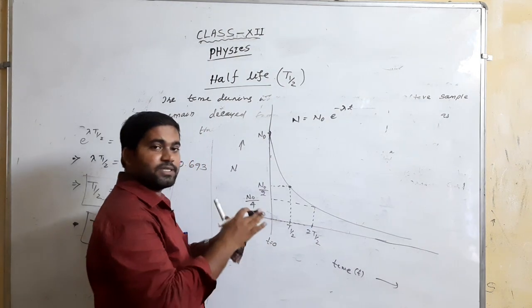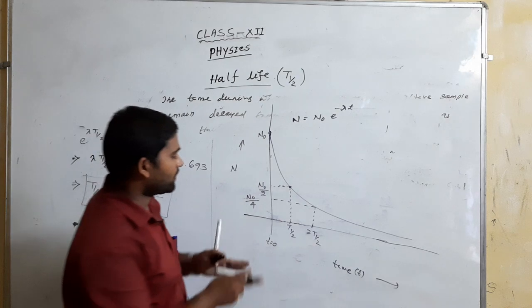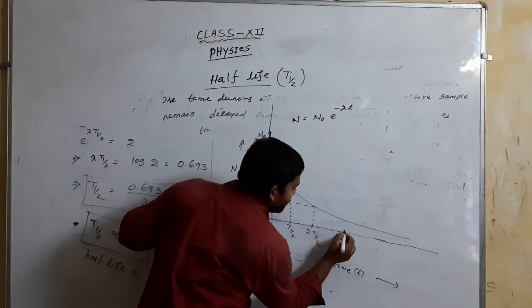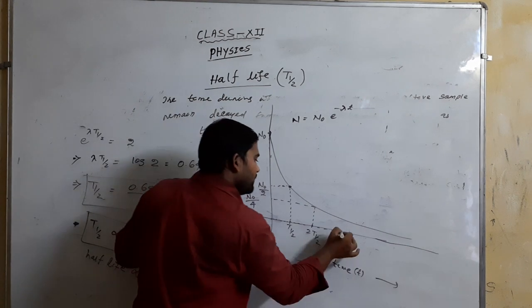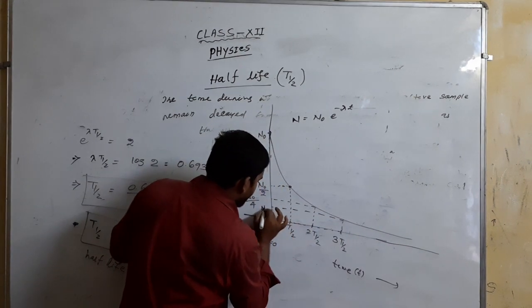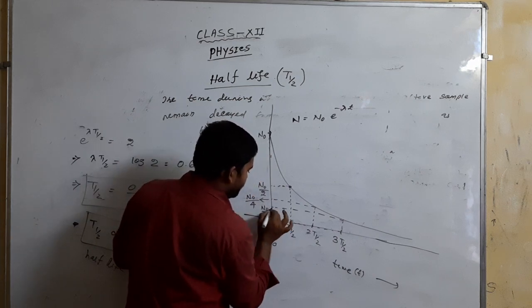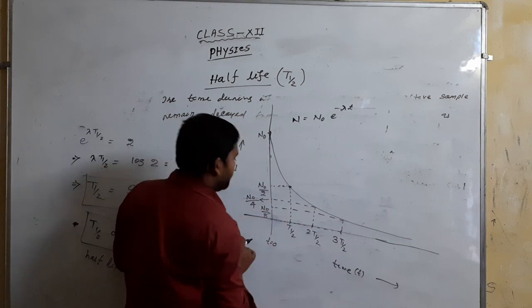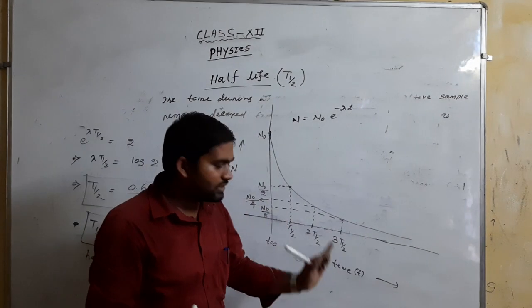That means it again halves from its value, N0 by 2. For the third half life period the number of samples will be N0 by 8, and time proceeds like this.